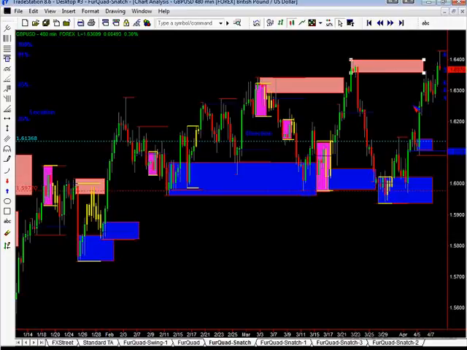I was looking for 164.00, as anyone in my own live room can confirm. I've also got that on my website if you need to double check that yourselves. But nevertheless, price comes down to these locations. As the next move starts, we can refine this level. Now this end move in real time hasn't finished, but where's price finished?